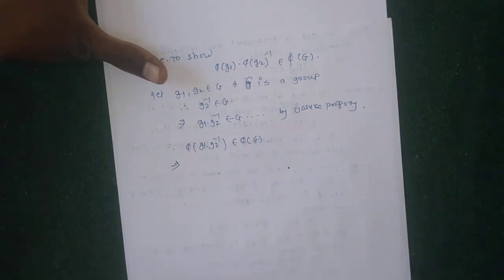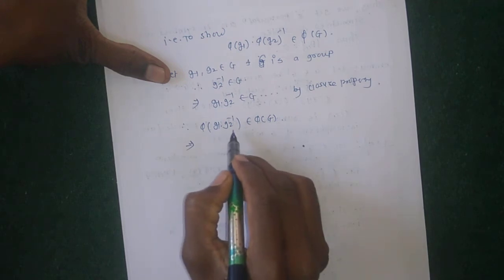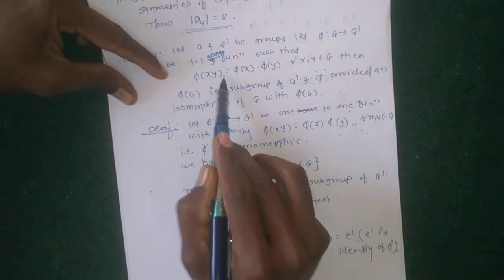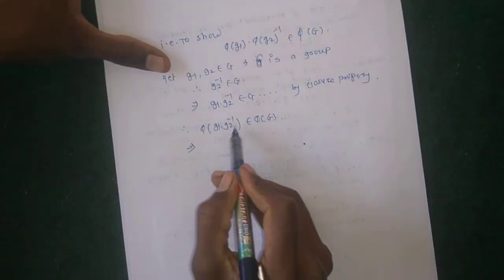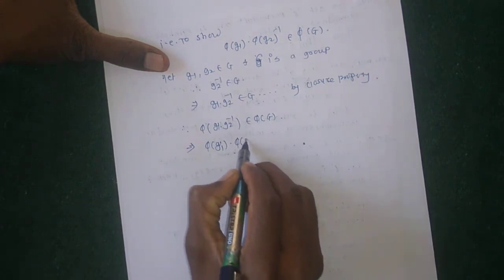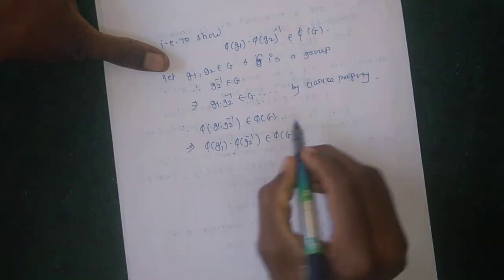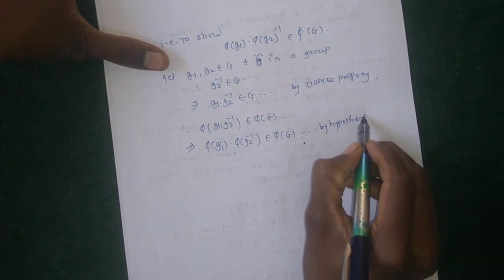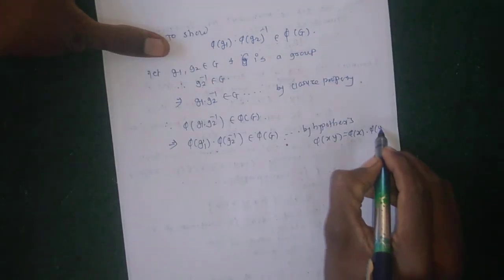But given that phi of G1 times G2 inverse belongs to phi of G, and the hypothesis is given that phi is a homomorphism, phi of x times y equals phi of x times phi of y. Here phi of G1 times G2 inverse belongs to phi of G, which implies that phi of G1 times phi of G2 inverse also belongs to phi of G. Why? Because by hypothesis phi of xy equals phi of x times phi of y.